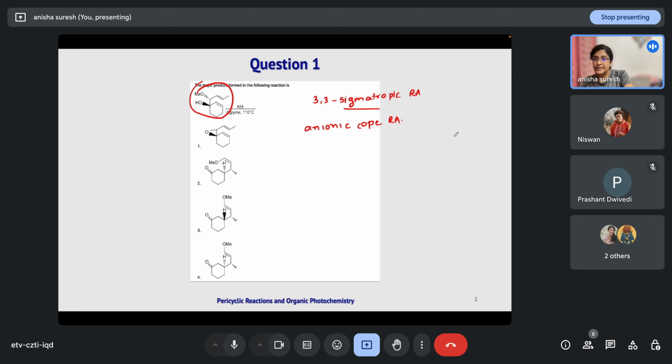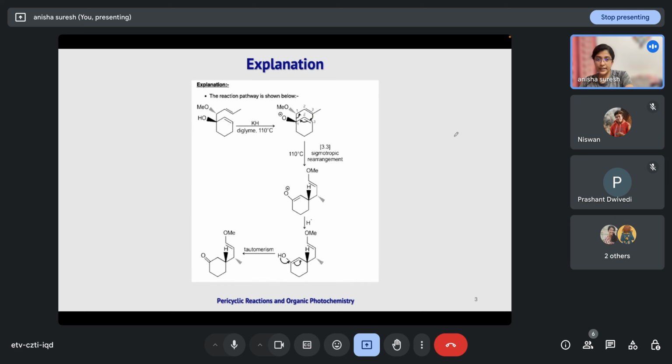So for better understanding of the stereochemistry, we can redraw it in this fashion. This is an E alkene here, so it could be drawn like this, and OH will be above, OMe will be below the chair.